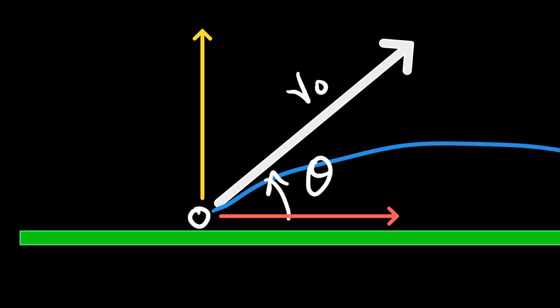Now these two velocities, they are components of the velocity. They represent the components. V naught is the actual velocity. But we have to break that velocity up into the part of that velocity that's in the vertical direction and the part of that velocity that's in the horizontal direction. So that's what we're doing here. We're going to break it up so that we can use it to study our problem.